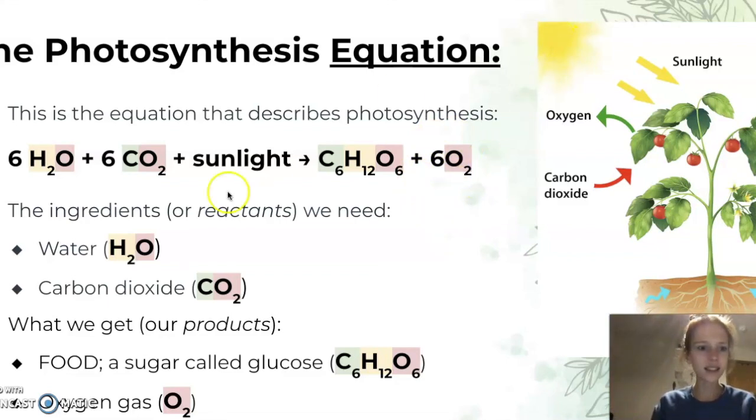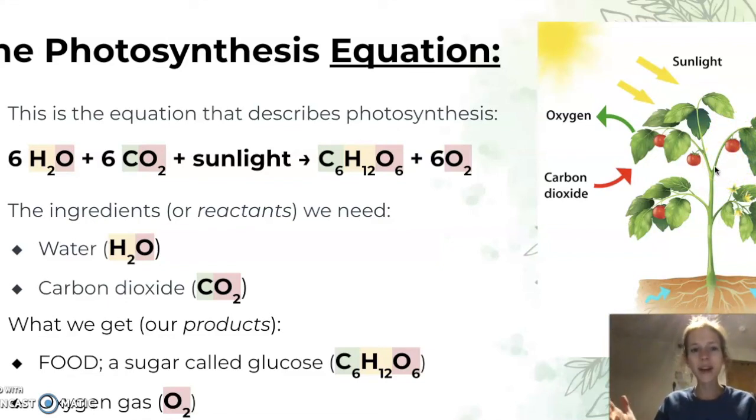Our ingredients are water, coming through the roots, carbon dioxide, coming through the stomata, or those holes in the leaves, and using the energy from sunlight, we release oxygen gas, and look, we have these fruits, or probably, I think, tomatoes, which are food, and they're storage devices for sugars called glucose.